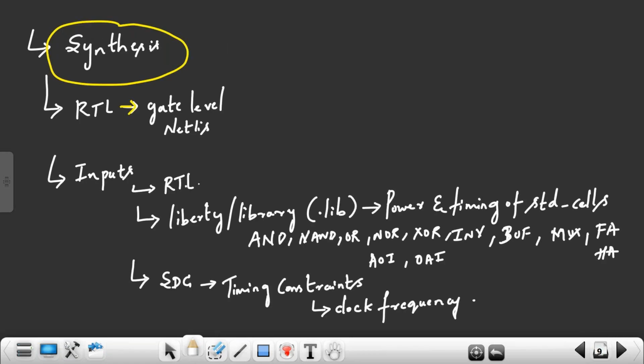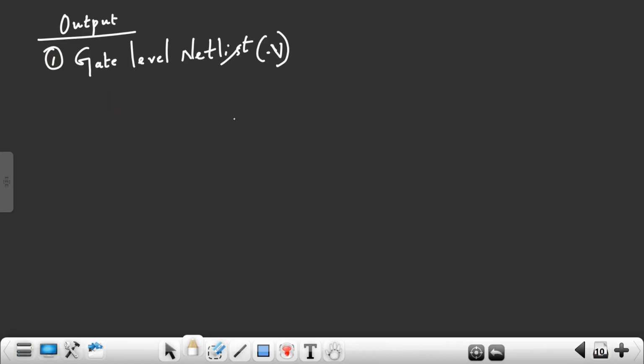RTL is also Verilog code. Then what is the difference? See, RTL is in behavioral form, but a gate level netlist should have gates and their connections. That's it. You should not be having any other thing. You should be having gates and their connections.